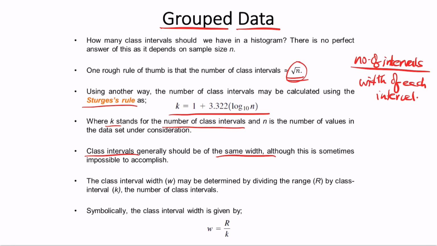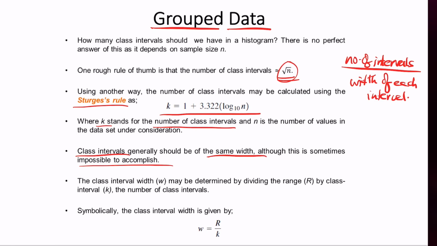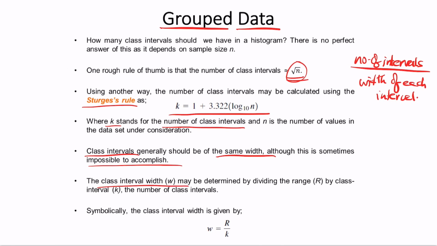Sometimes this is impossible to accomplish, because you cannot have all the data of the same width every single time. The class width may be found by dividing the range by the number of class intervals: w = R / k, where R is the range and k is the number of intervals.